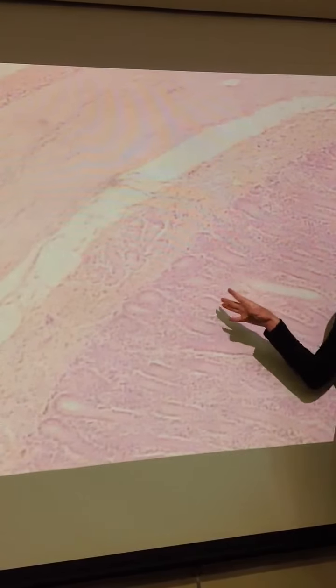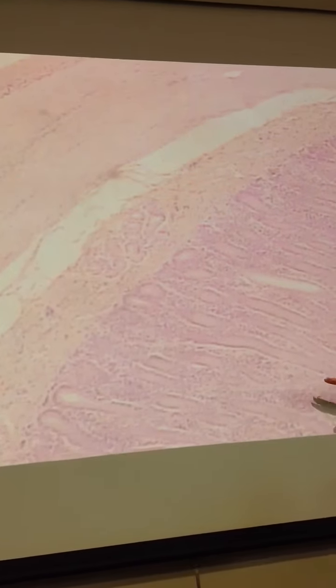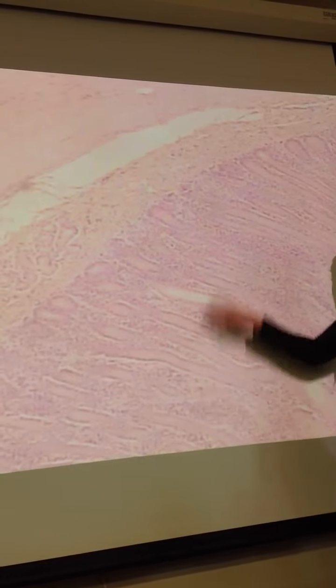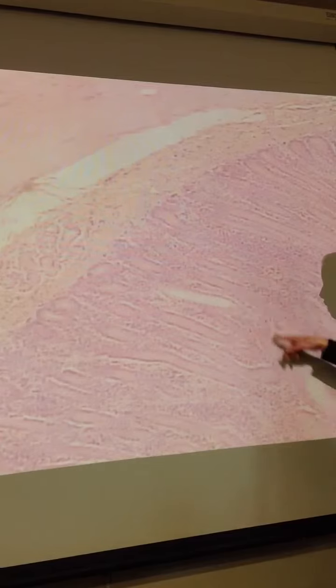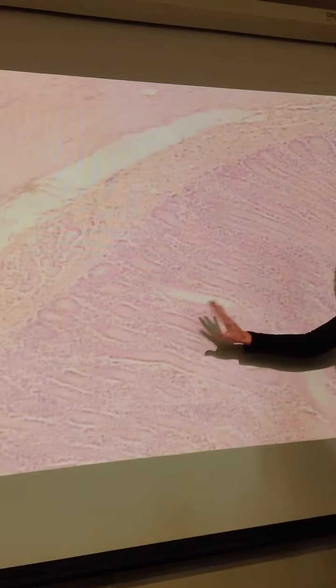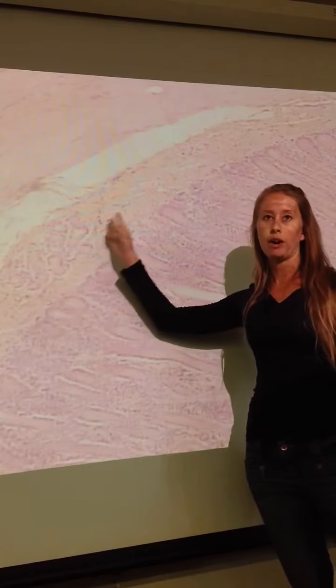So if we put a slide up here that has the submucosa in it, after you look at the mucosa, so first step, look at the mucosa, determine whether you're looking at the esophagus or small intestine based on what you're seeing here. You can see that we don't have simple squamous epithelium, so we know that this isn't the esophagus. Next, look at the submucosa, see if you can make out anything in here.